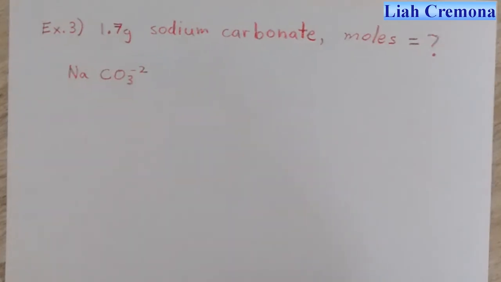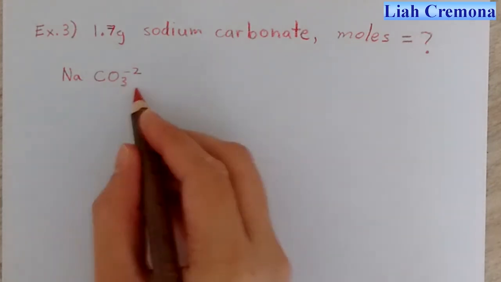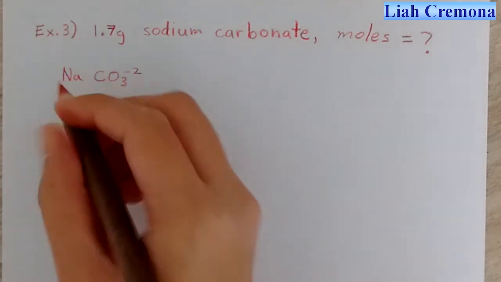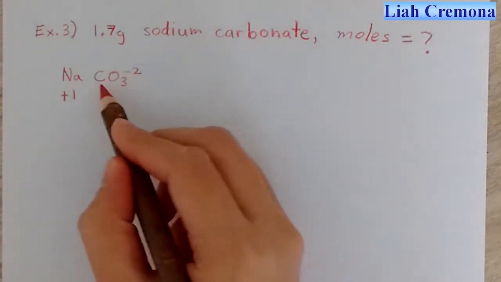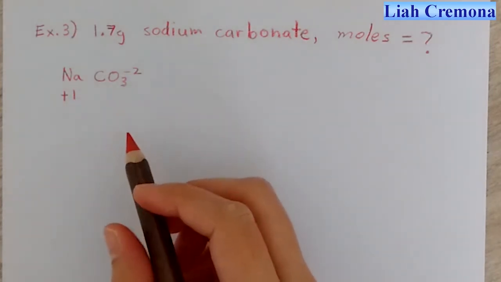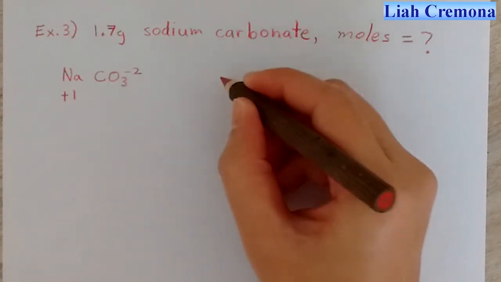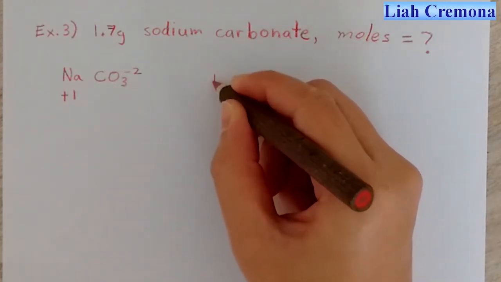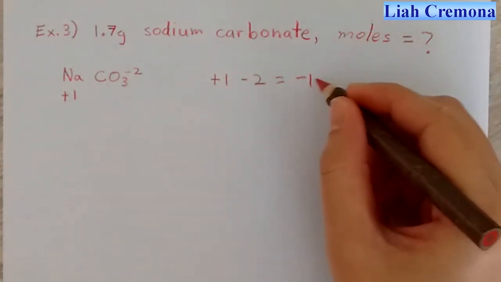Now, as before, the entire compound charge must be equal to 0. So right now, we know that one sodium has a +1 charge, and one carbonate ion has a -2 charge. So if we put one sodium and one carbonate together, we would have a total charge of +1 minus 2, which is -1, which isn't 0.